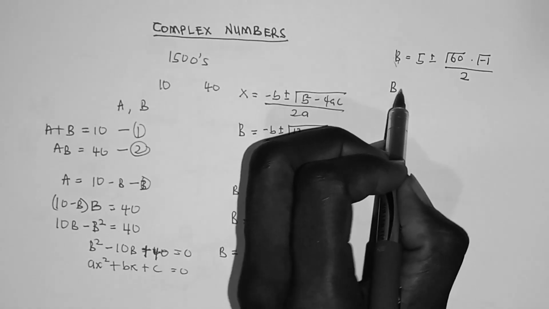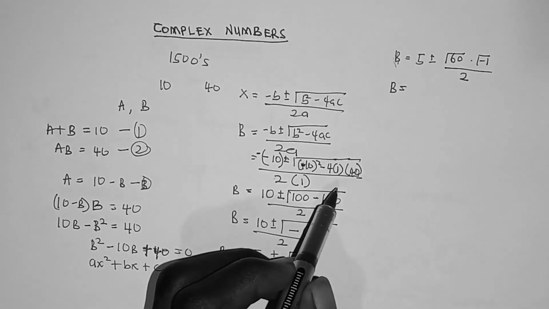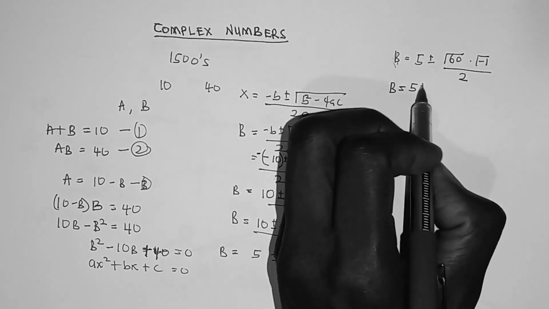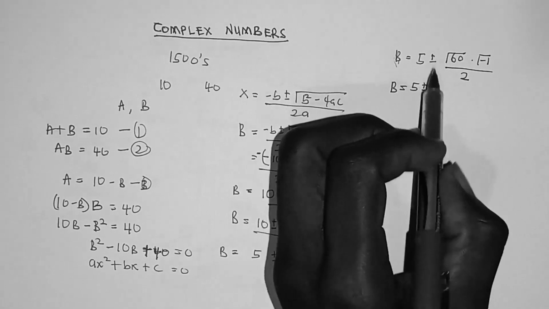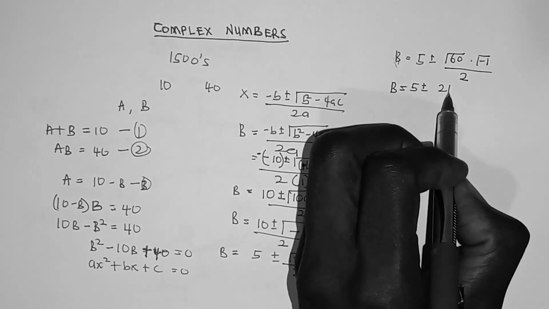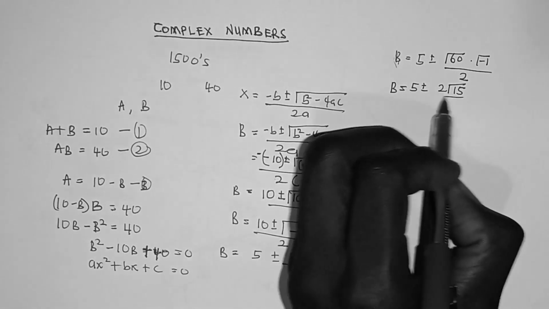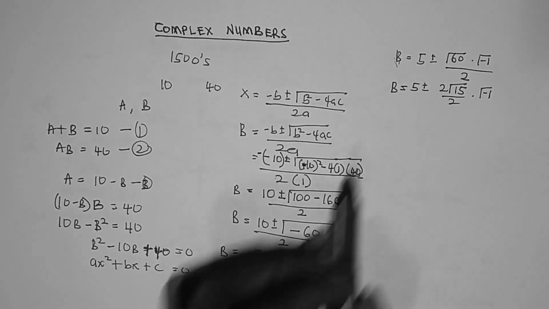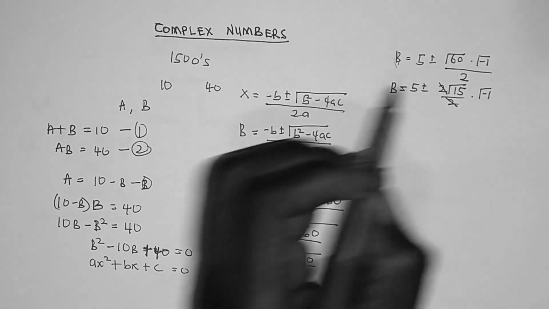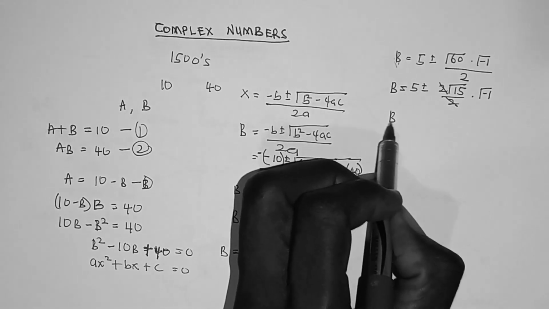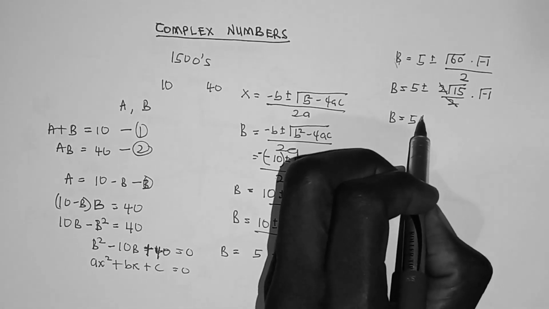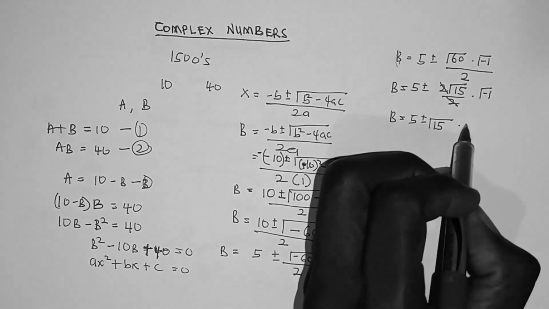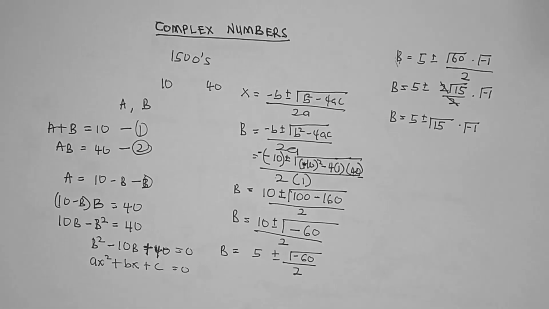So B is equal to 5 plus or minus square root of 60, which is the same as 2 root 15, divided by 2, times square root of minus 1. So this 2 and this 2 can cancel, and B is equal to 5 plus or minus square root of 15 times square root of minus 1.